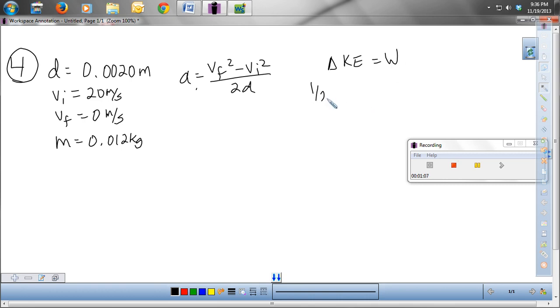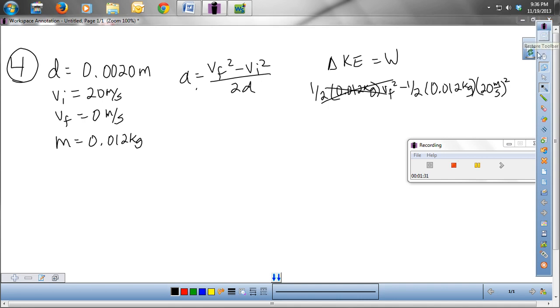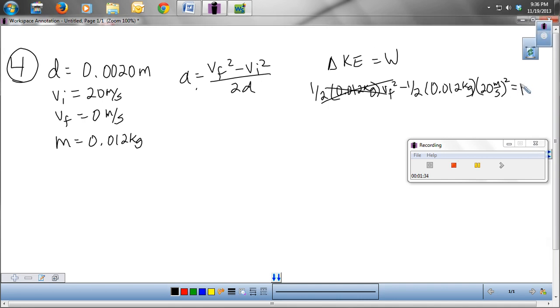So I could have said 1/2 m, being 0.012 kilograms, Vf squared, which is 0, minus 1/2 m, 0.012 kilograms, times Vi squared, which is 20 meters per second squared, is equal to the force times the distance, and the distance was 0.002 meters. So if I did that correctly, I would get the force to be a negative, and when I did it, I got it to be a negative 1,200 newtons.